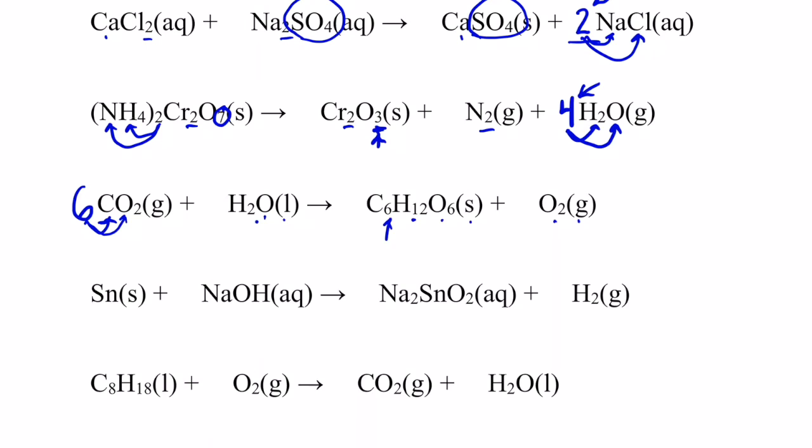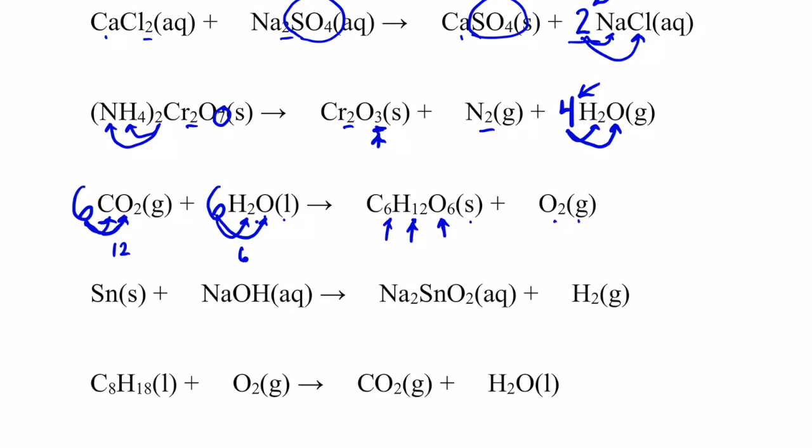I think I can fix my hydrogens right now. There are 12 on the right side. If I put a 6 in front of H2O, doesn't that give me 12 hydrogens on the left side? So they balance? Now we're going to have to fix my oxygens. We don't have any other choice. So we have 6 times 2, 12 oxygens there, and we have 6 more for a total of 18 O's.